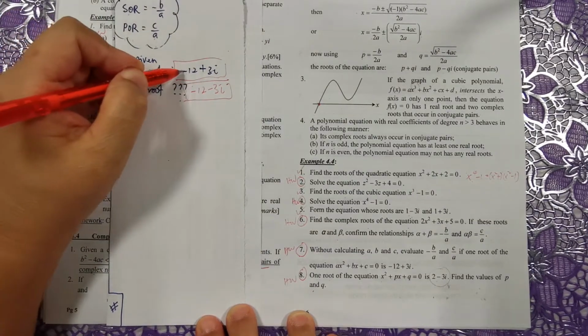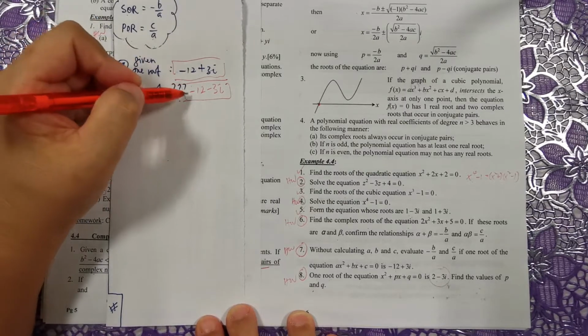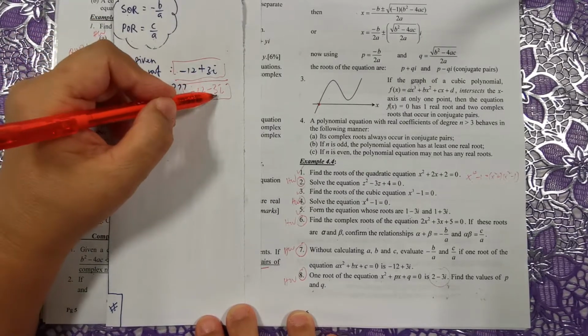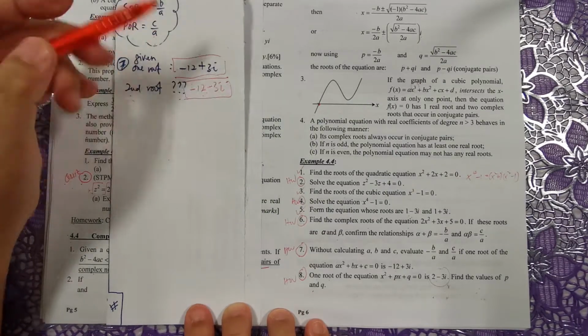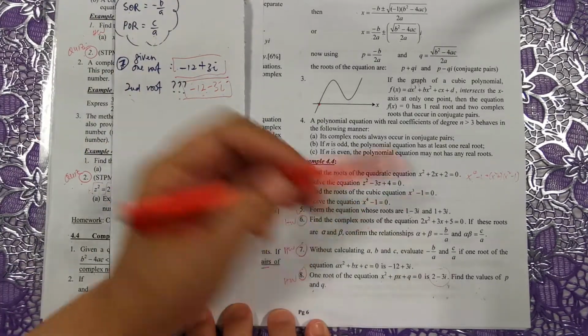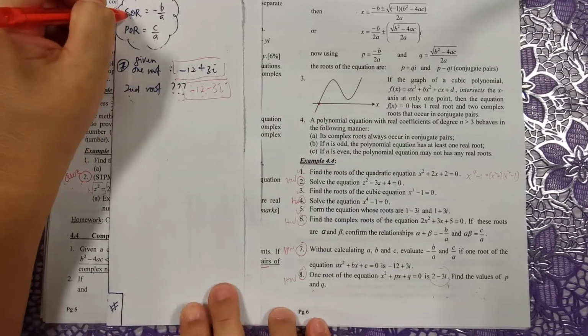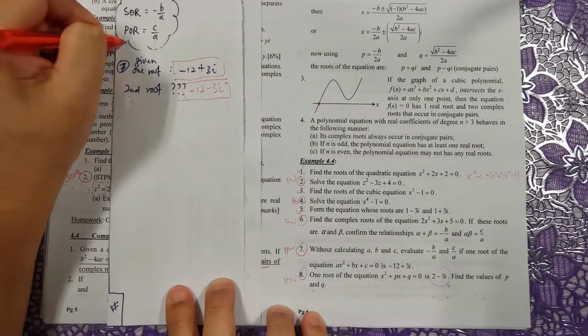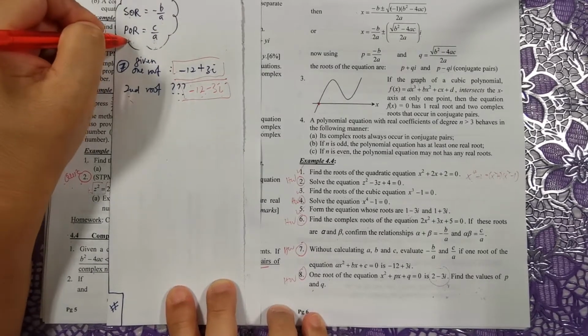If complex roots must come in conjugate pairs, therefore you know the other root will be negative 12 minus 3i. Since you already have 2 roots, can you find these 2? Can, right? Negative b over a is actually the sum of roots, and c over a is actually the product of roots. Alright?